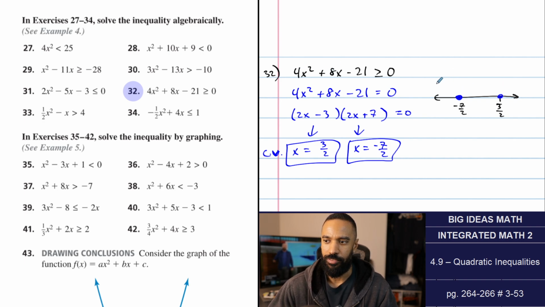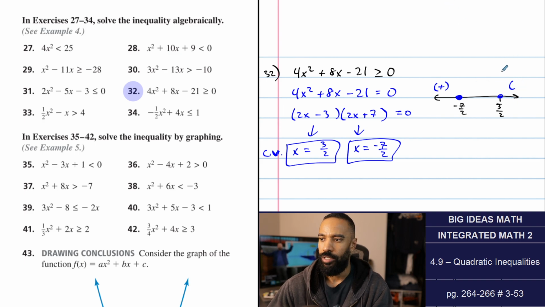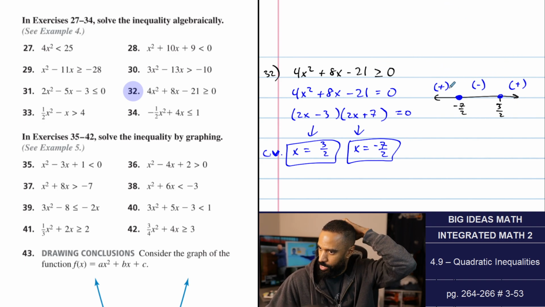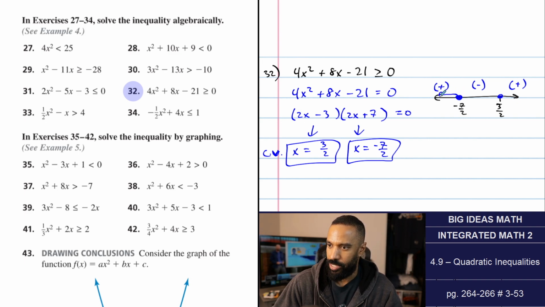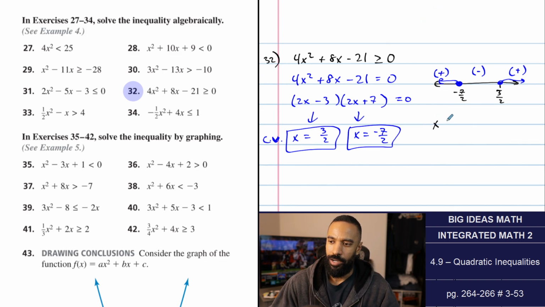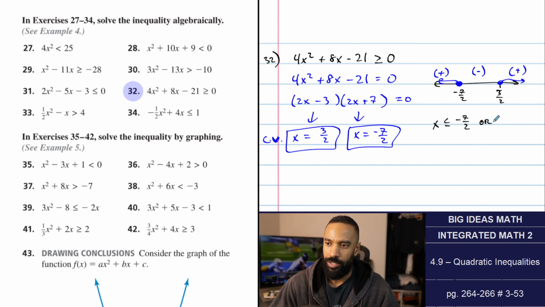This is once again a positive stretch factor. Only the last one is negative, actually. Positive, positive, and negative. What do we want? We want greater than or equal to. We want on the outside, we want the positives. So the x's that we want are less than or equal to negative 7/2 or greater than or equal to 3/2.